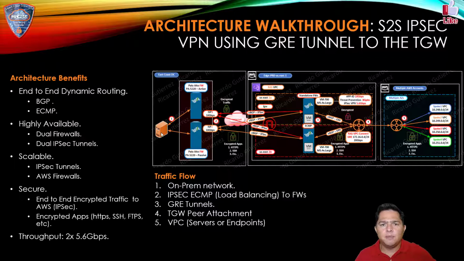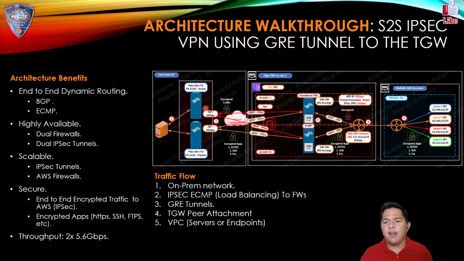So after going over all the architectural benefits, I will now go over the traffic flow. How does this pattern work? Well, on the left side, you have your on-prem network. So let's say you have a server that wants to talk to a database in AWS. The packet sources from the data center, it sends a packet to the active firewall right here.